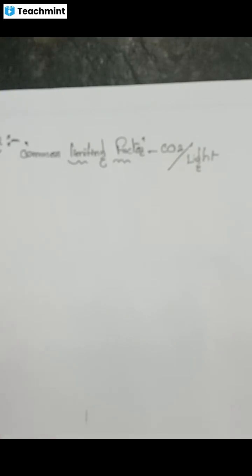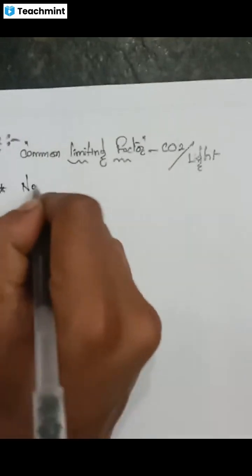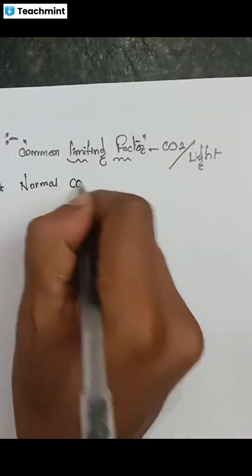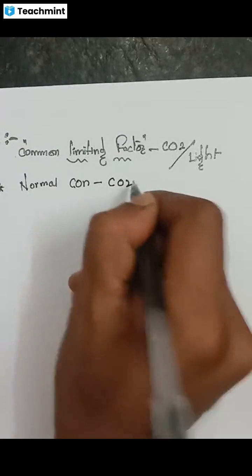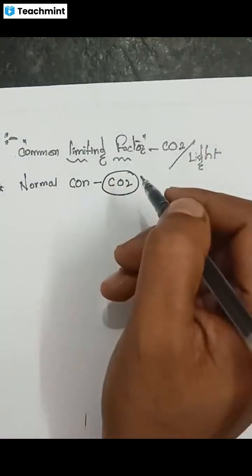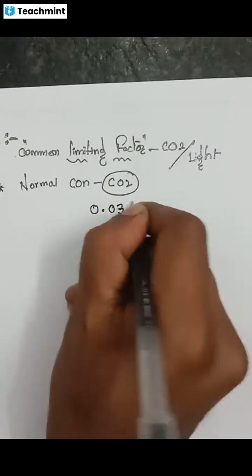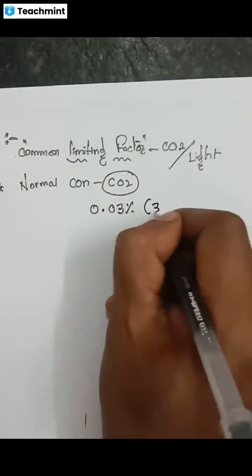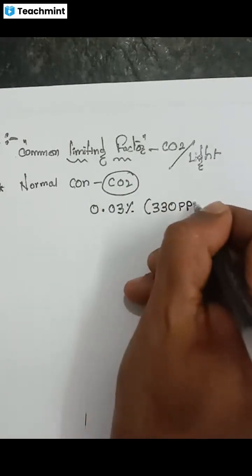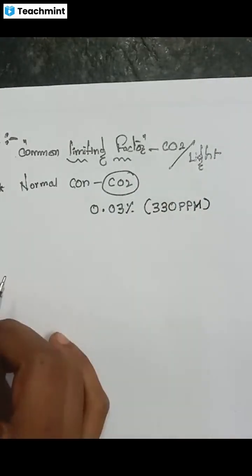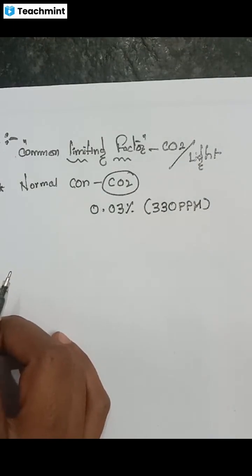Generally, the normal concentration of CO2 in the atmosphere is about 0.03% or 330 ppm.